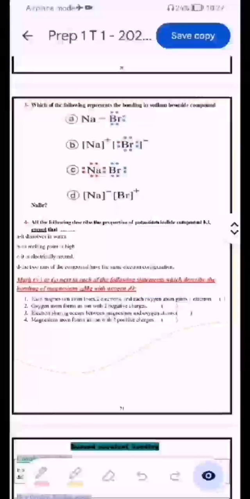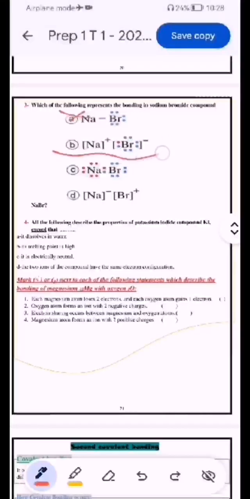Number three, which of the following represents the bonding in sodium bromide compound? Number one, Na-Br. The ionic bond is not represented by a dash, so it is false. Number two, Na loses 1 electron and Br becomes filled with electrons, so it's the correct answer.